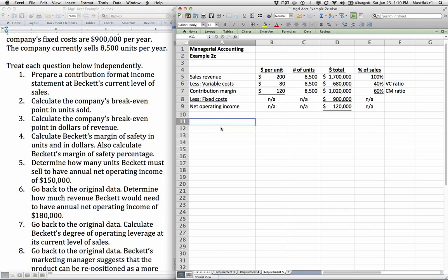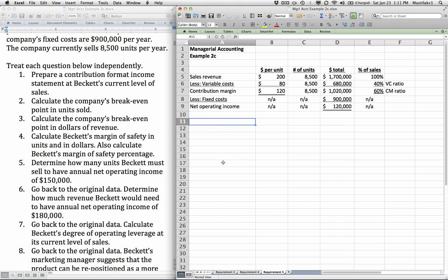But if we have a certain amount of money we have to earn because we've got a targeted return on investment, or a targeted amount of profit to satisfy those who are working above us in an organization, or if a bank or some other source of capital is trying to estimate how much we have to earn in order to fund us a loan or provide equity capital, and we need a sense of whether it's feasible to earn a certain amount of money, target profit has a lot of uses. So we don't want to simply ignore the possibility of planning for a particular level of profit.